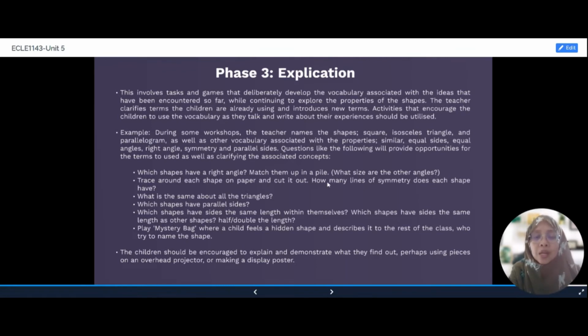So ini lebih kepada kita nak betul-betul fokus on each shape's traits, ciri-ciri yang each shape ada. Okay, so one of the examples that you can do with children, play a mystery bag where a child feels a hidden shape and describes it to the rest of the class, and they can try to name the shape. Yeah.